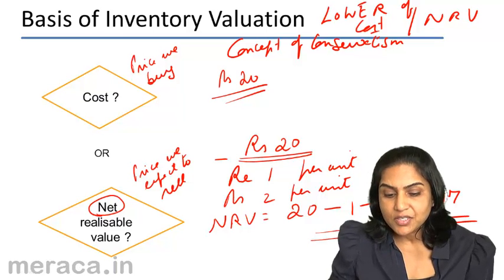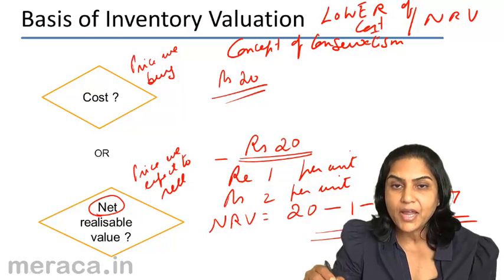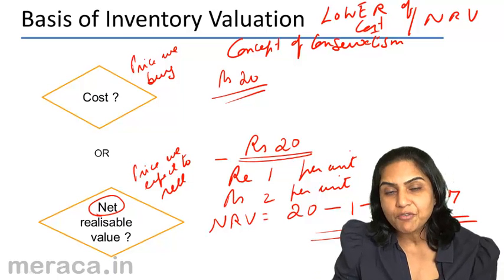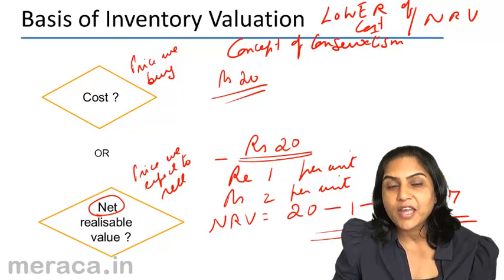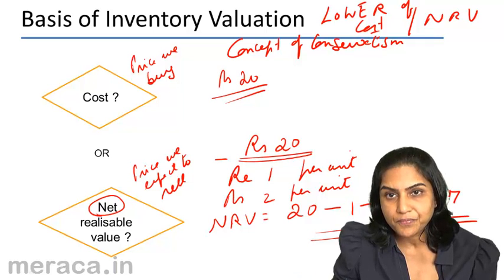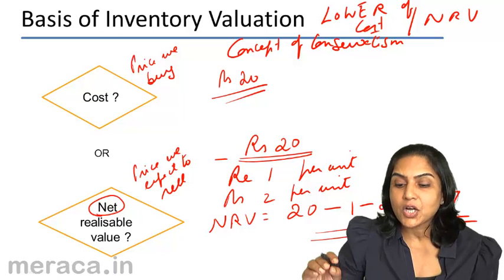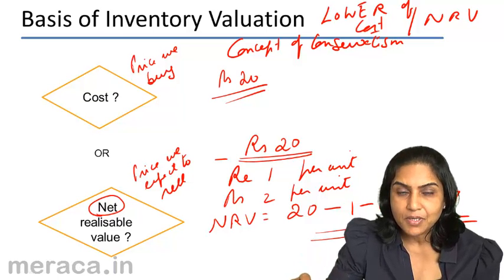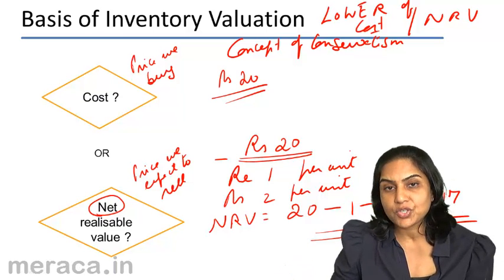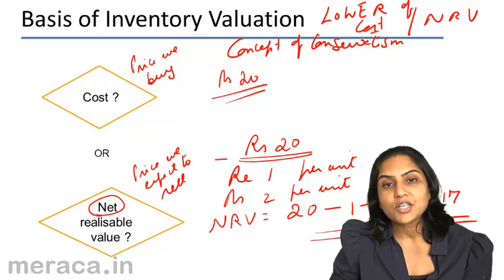This is because this item which cost us 20 rupees to make or buy, to procure, can be sold only for rupees 17, and therefore we expect to make a loss of rupees 3 in future. Following the concept of conservatism, being prudent, we will therefore value our closing stock only at rupees 17 and not at rupees 20.